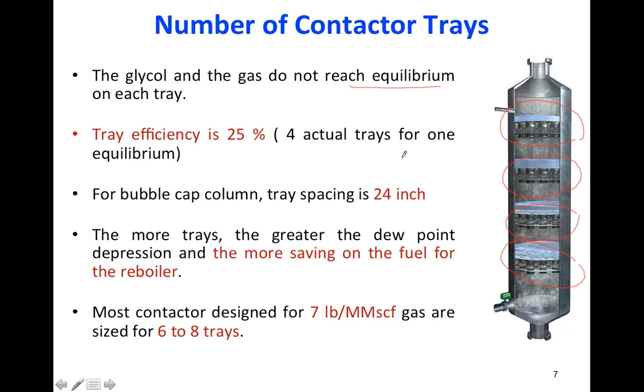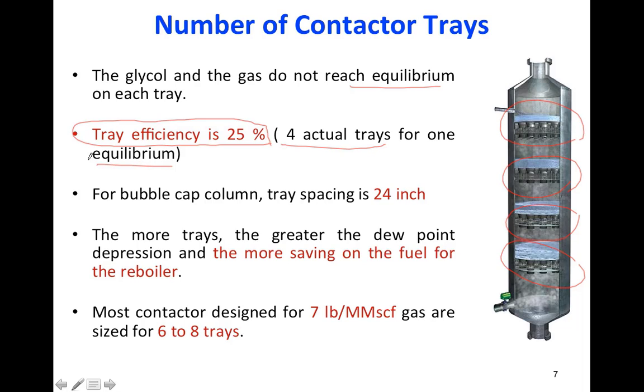And the efficiency of these stages, especially in the dehydration process by glycol, is very low. It's only 25%. It means each stage only does 25% of the job that it's supposed to do. Each four stages can do the job of one equilibrium stage.